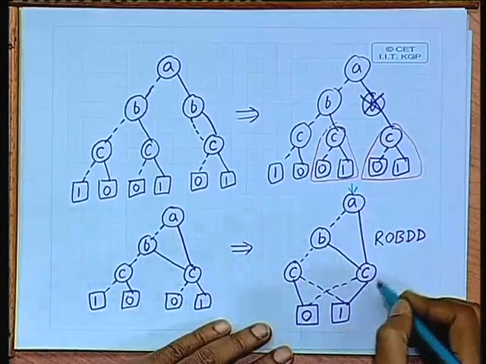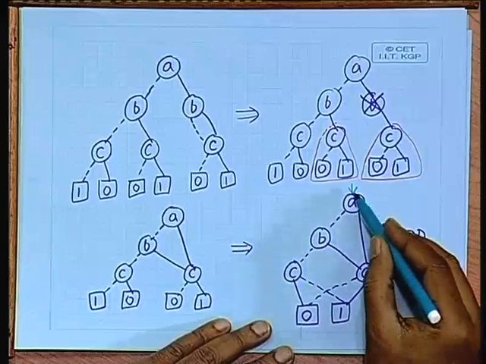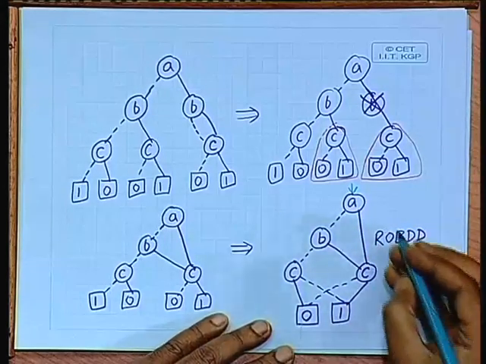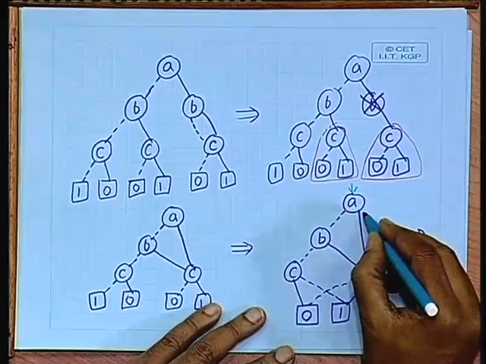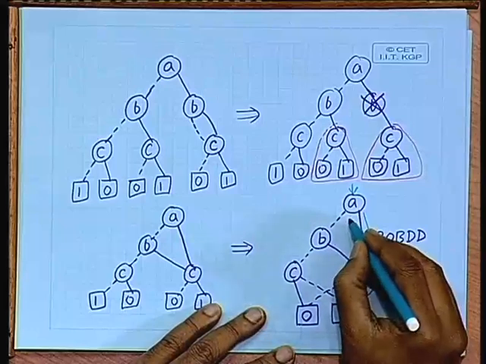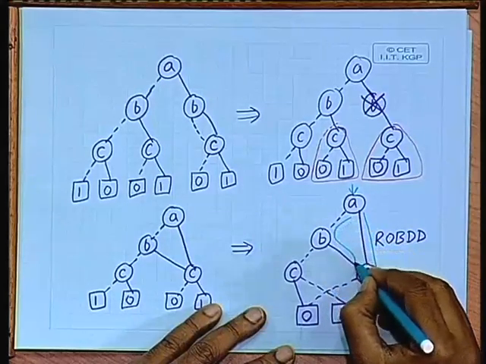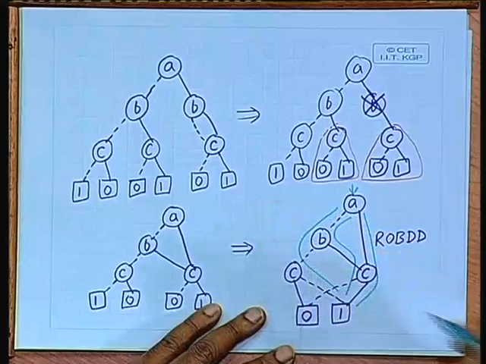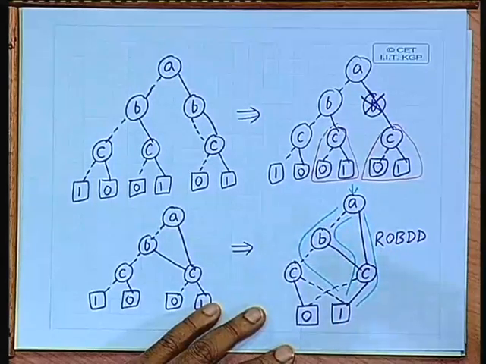Now you try to find out what are the different paths from the root up to 1. Now in this case you will see that the paths are several. There is one path like this, there is another path like this, there is another path like this. I think that is all, no? These 3 paths are there.